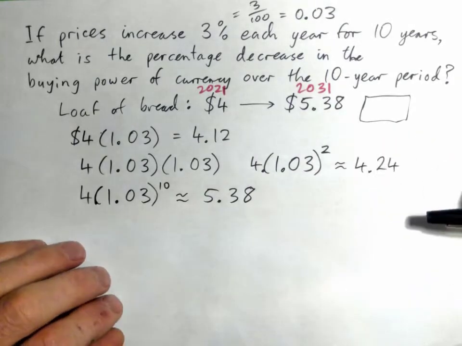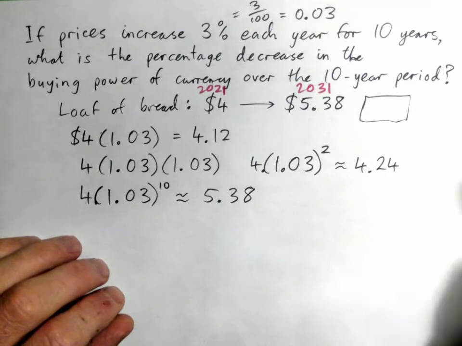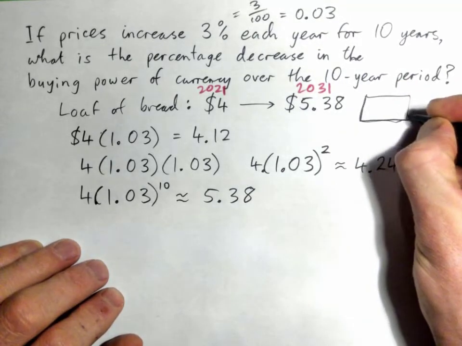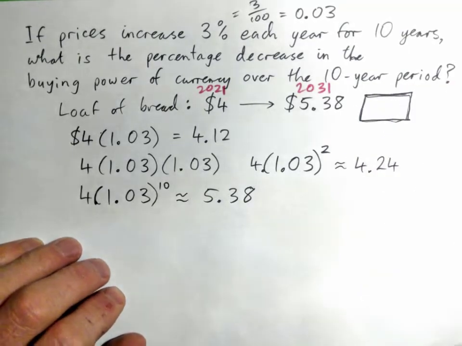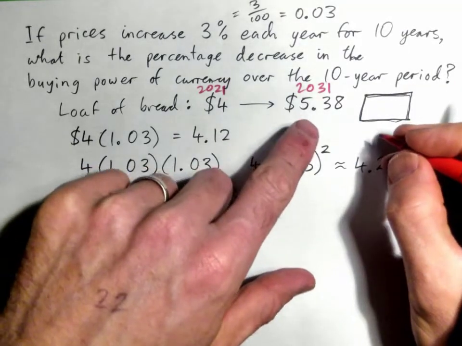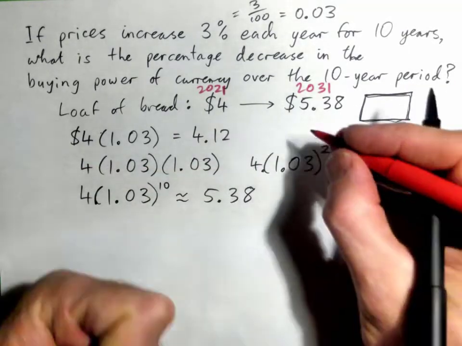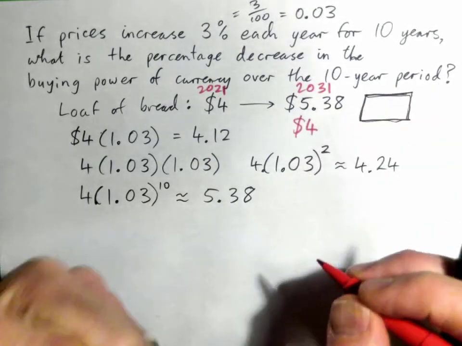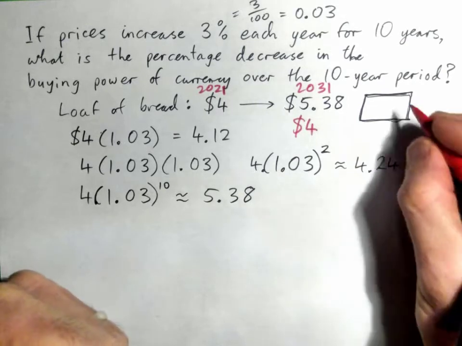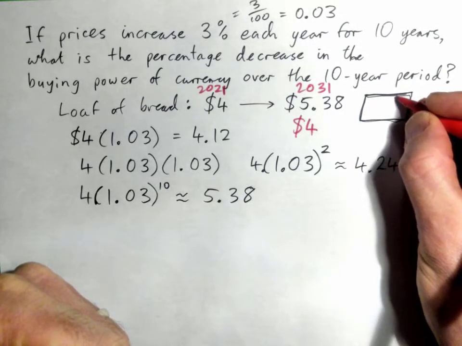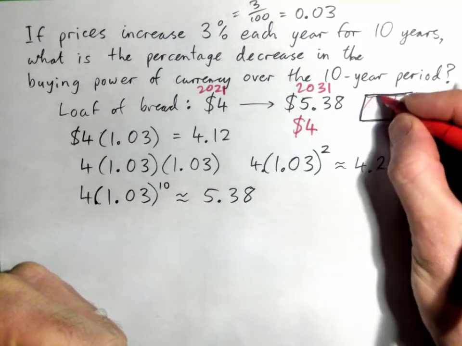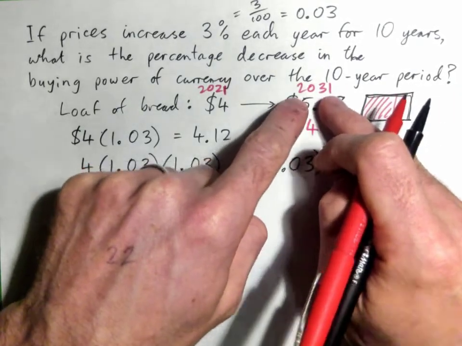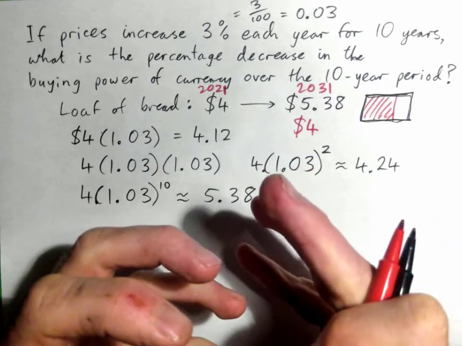Well, just for fun, here's my loaf of bread in 2021, right? I can get the whole loaf, right? But by 2031, what we're trying to say is that if you give $4 for this loaf of bread, you're not going to get the whole loaf. Like, you might get like part of the loaf, right? But you won't get the whole loaf, okay? Because $4 by 2031 doesn't get as much bread, right?